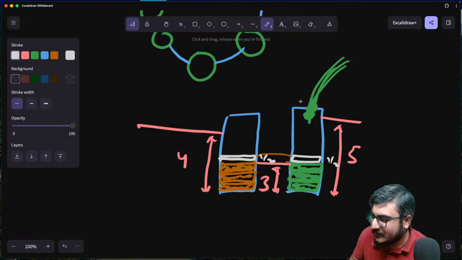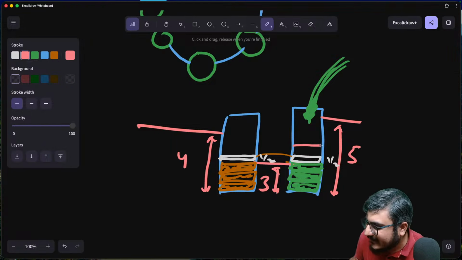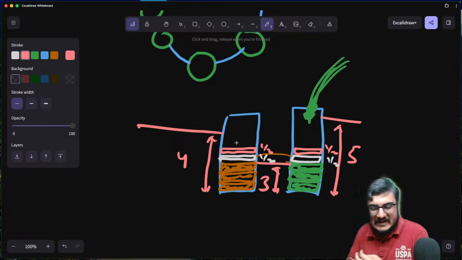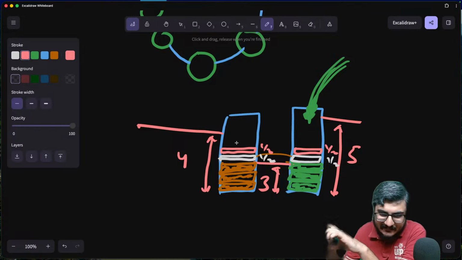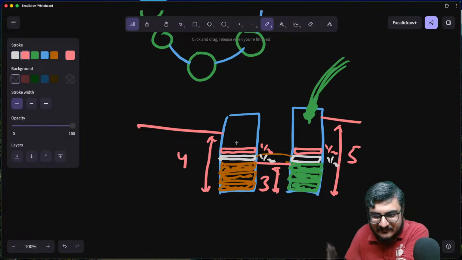Now when you add 1 more liter of water, what happens over here? First 1 liter gets over here, and after some time, half of this water will move on the right side, and so on, right? This is how, if you have two wells connected with each other, the water among them will fill.